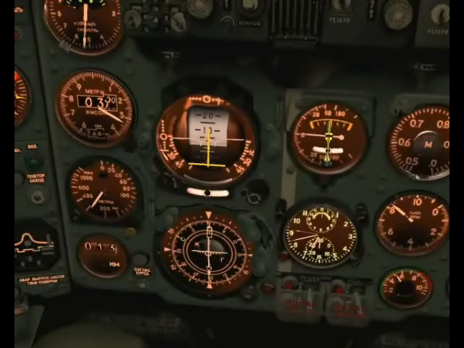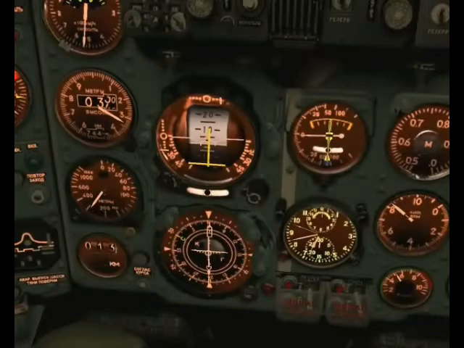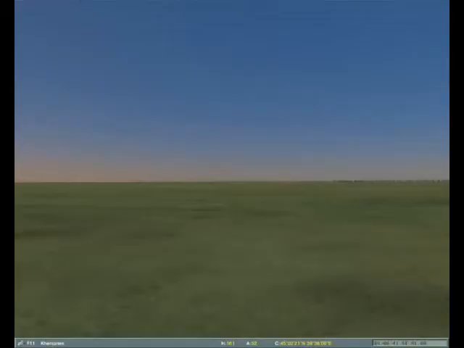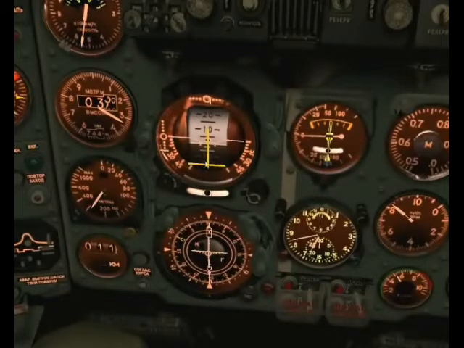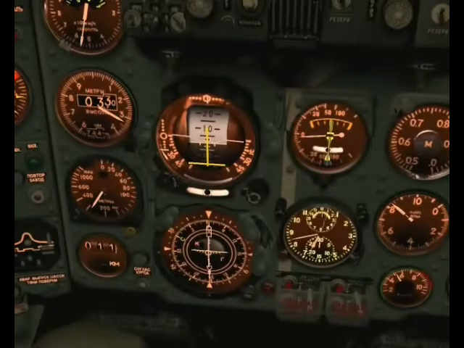Okay, and let's lower our altitude to our assigned altitude. Notice that the yellow horizontal bar is at the bottom of the ADI gauge, and so we're going to slowly sink down until it's centered where it needs to be.